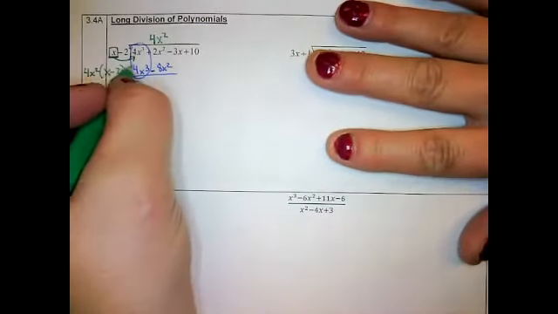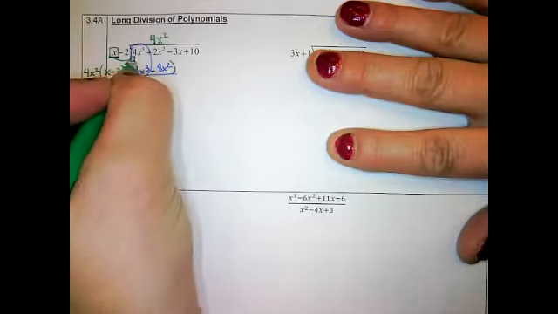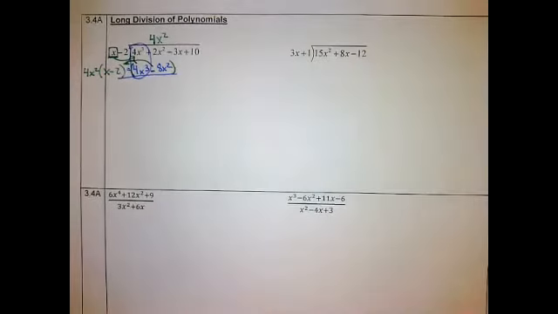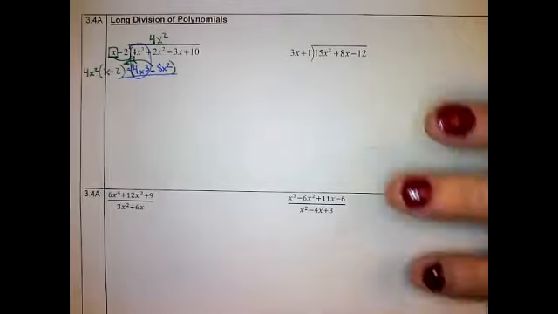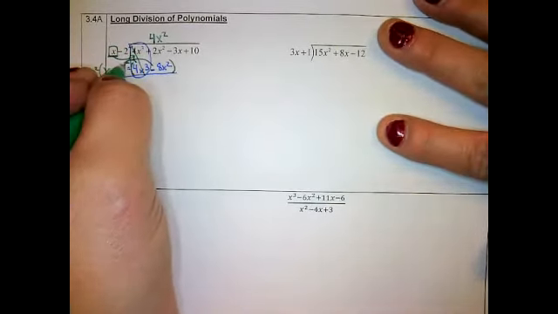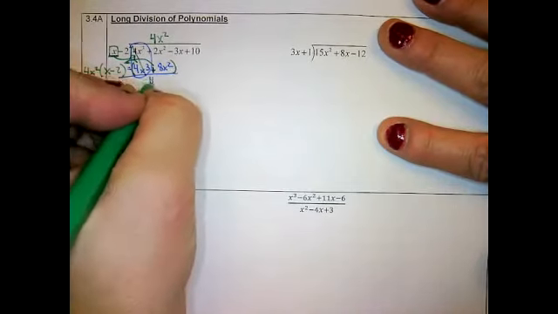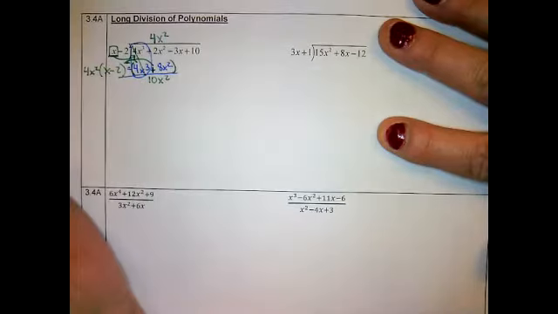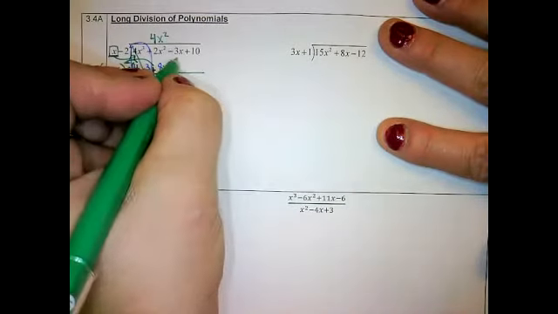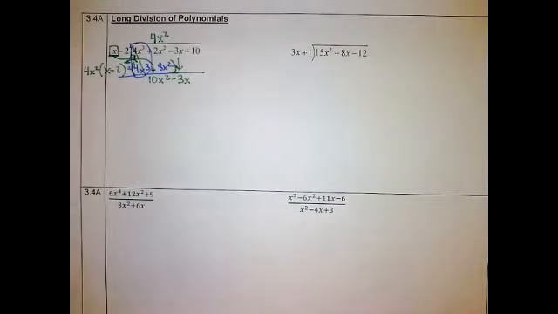So now the other important thing, I have to subtract this entire thing, which means I have to distribute a negative sign to both of those. So these are going to cancel. And now I have 2x squared minus negative 8x squared. So that becomes a plus, which is 10x squared. And then I'm going to bring down my minus 3x, just like in our example.